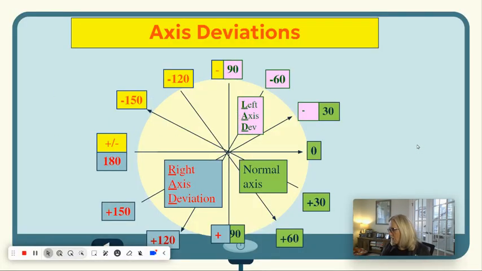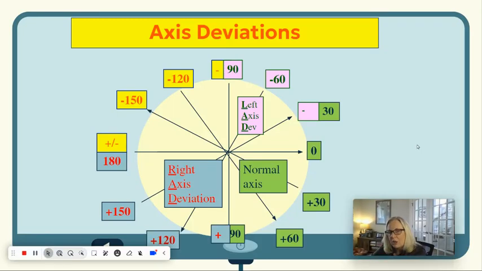This is a very small window. It's just negative 30 to negative 90. So I'm going to do this in green again just because it's on the other side. So left axis deviation. And again, that makes sense because this is the left side of the heart. And since now the apex is kind of up in the air a little bit, it does make it a little bit wonky.